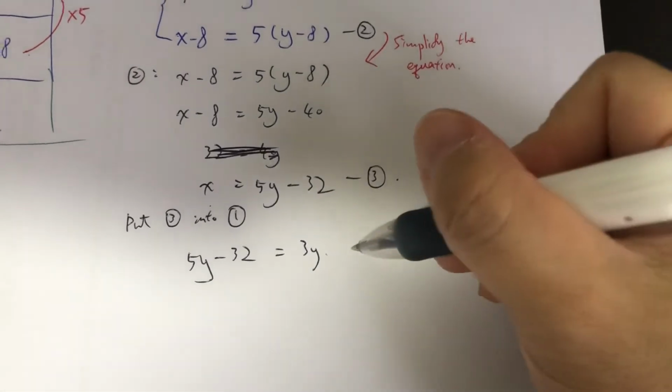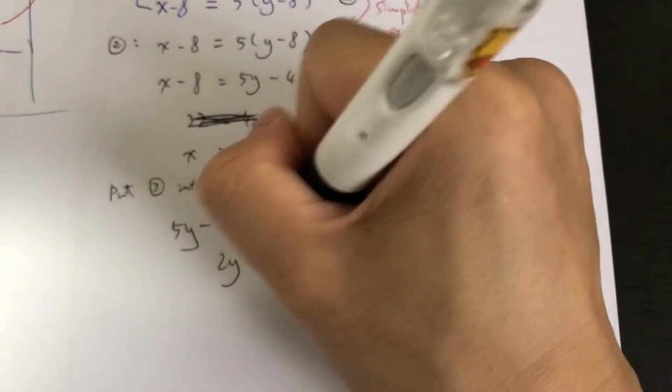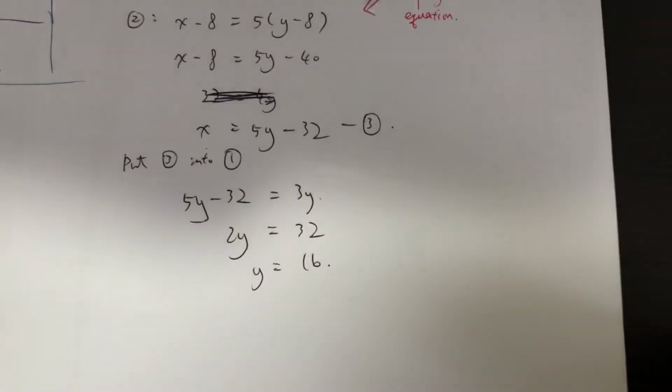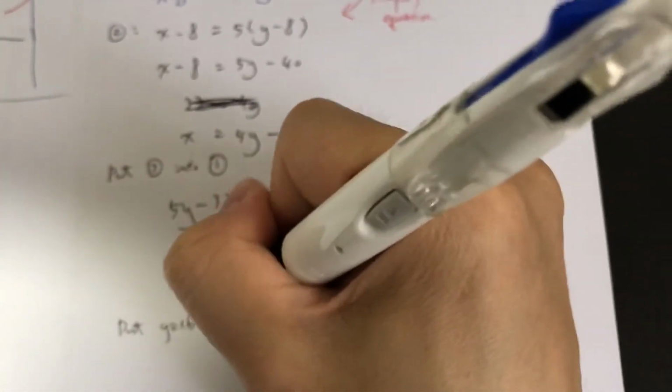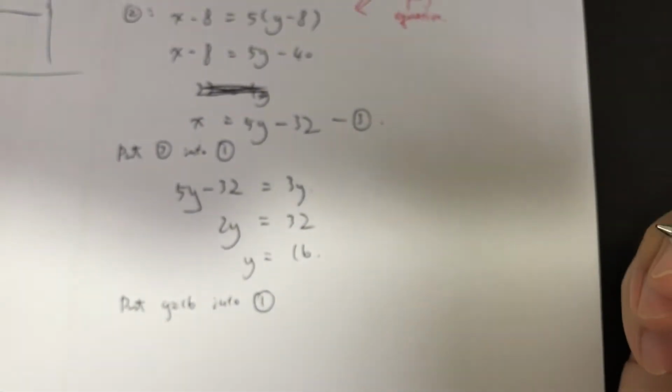You can see in this equation we have only one unknown, so we can solve it easily. Then we put y equal to 16 into equation 1.